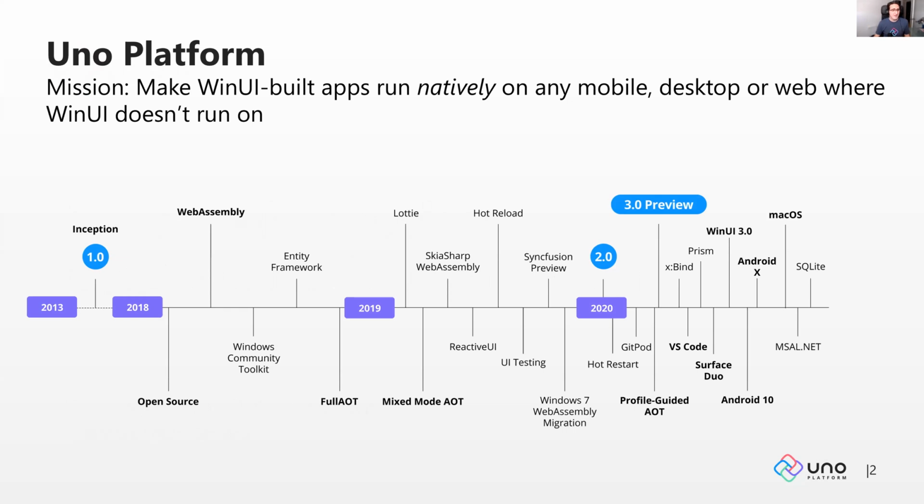We've been there for a while, even before we went open source, since 2013, and we open sourced in 2018. Then we started adding lots of features with WebAssembly and other support like Linux and other types of features that I'm going to be talking to you about during this presentation.